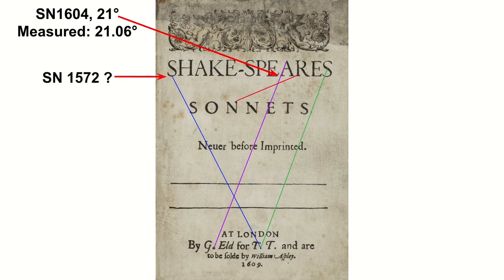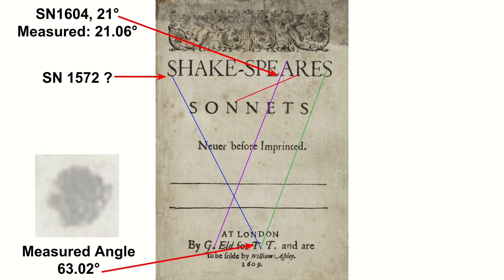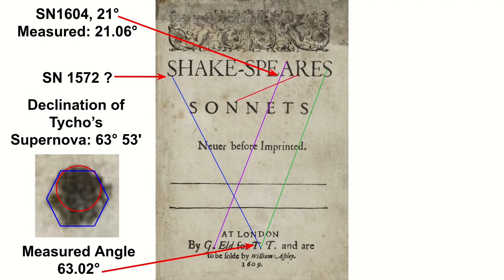What about supernova 1572 then? Could it be there? Well, it's got a measured angle of 63. As I say, I think that's an ossuary. I certainly seem to have some kind of globe maybe there, and I don't know what's there, but it's been mucked around with. Now, the declination of Tycho's supernova, as measured by Tycho Brahe, who was the only person capable of doing anything like that at the time, is 63 and 53 minutes.